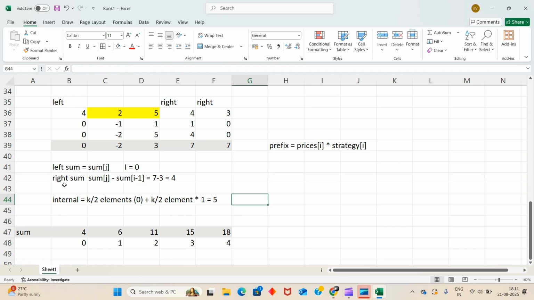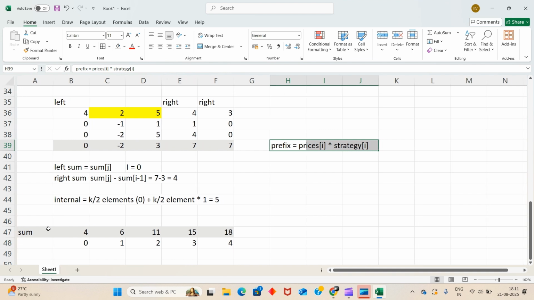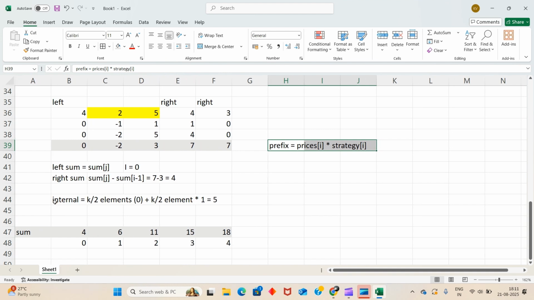First, understand left sum and right sum using one prefix array, where we calculate using this. And my second is the prefix sum just by sum to get the internal sum.